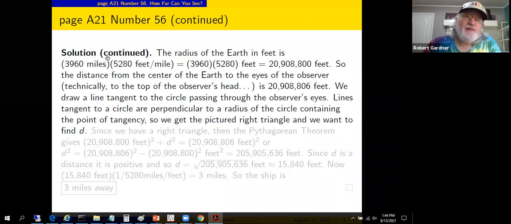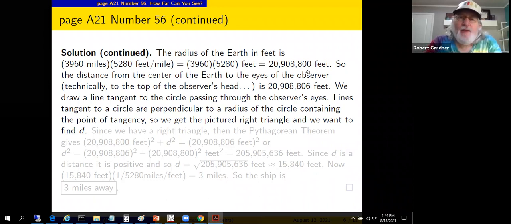Notice the units of miles cancel, and we'll be left with units of feet. 3,960 times 5,280 feet. Not big on calculators, but this is certainly the time for a calculator to do this arithmetic. Multiply those together, and that's where the 20,908,800 feet came from.